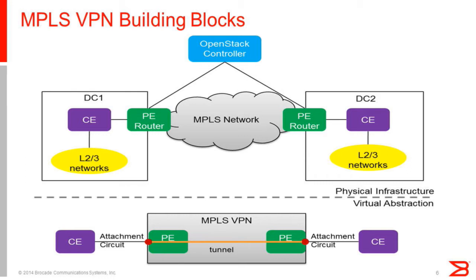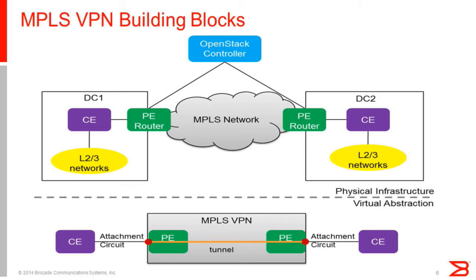So if you were to visualize it, your attachment circuit is part of the provider edge, and then on top of it you have another logical construct called tunnels. And tunnels allow you to have this logical connectivity from one provider edge to another provider edge in another data center. So think about it as a provider edge from one data center to another data center, connecting through a tunnel. In this case, our use case talks about MPLS tunnels.